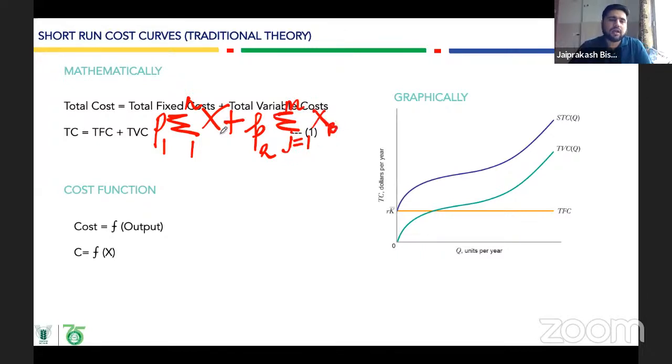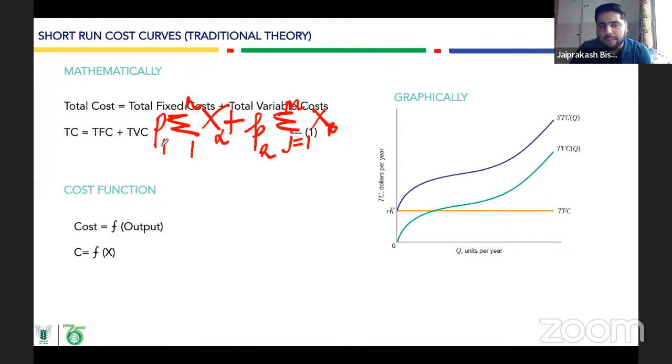Here, x alpha is your fixed asset and x beta is your variable asset, and the quantities vary from 1 to n for the fixed assets, and for variable assets they vary from 1 to n.